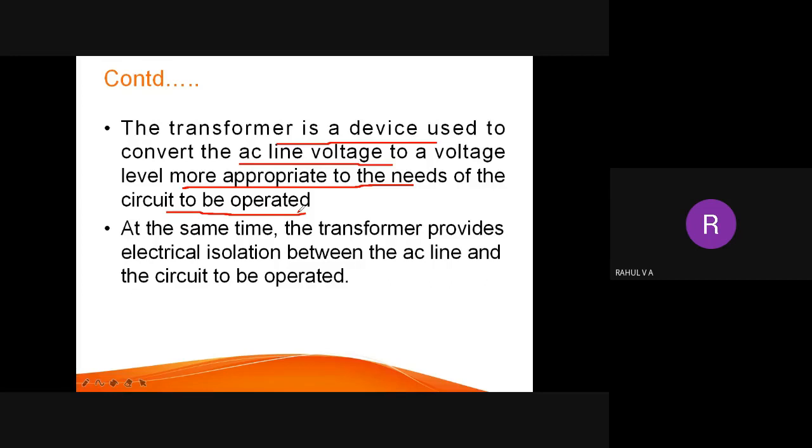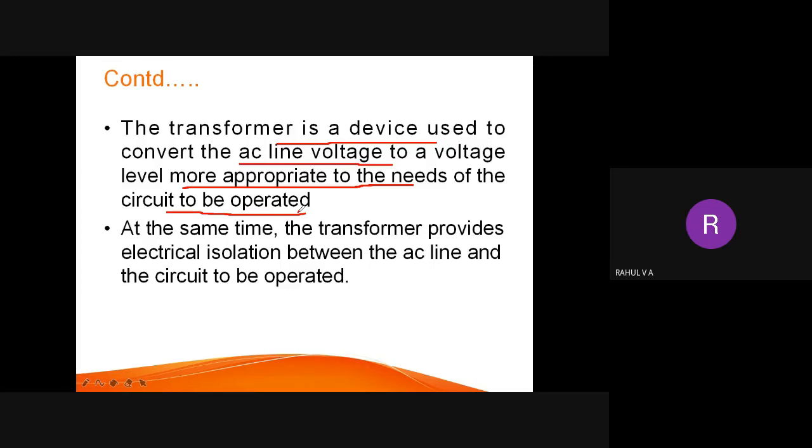This is not equal to 12 volt or 24 volt, because we know that if you touch 24 volt, we won't get a shock. But if you touch the net of a mosquito bat, you will get a shock, because it is kept at high potential. So at that time, it is stepping up. There are applications where sometimes we have to step down, sometimes we have to step up, depending on the application.